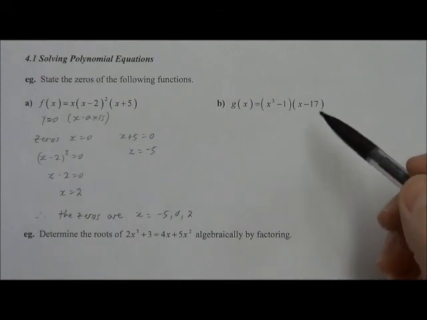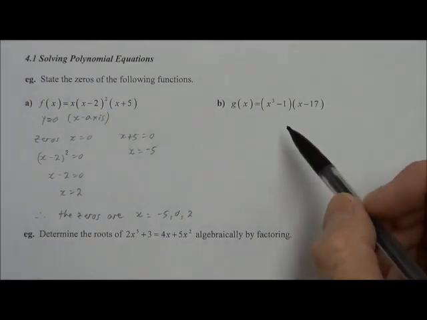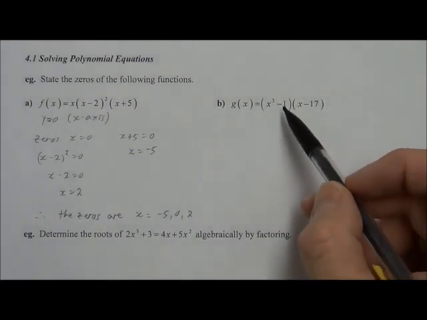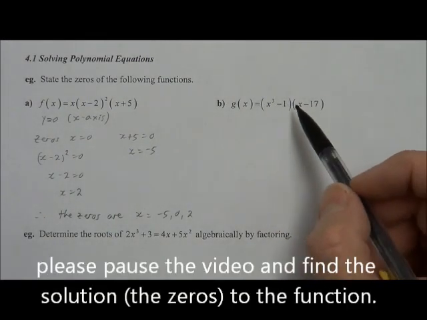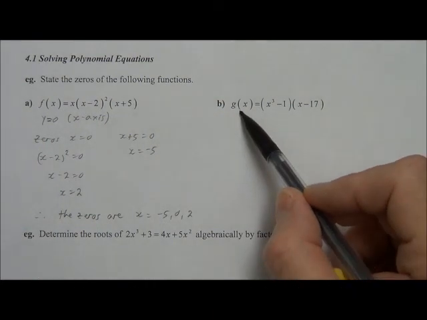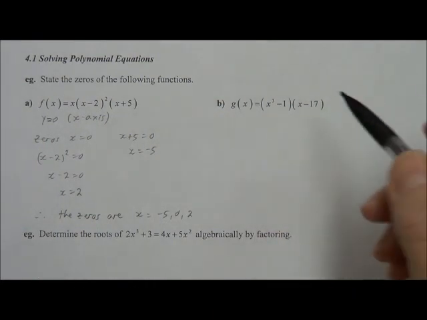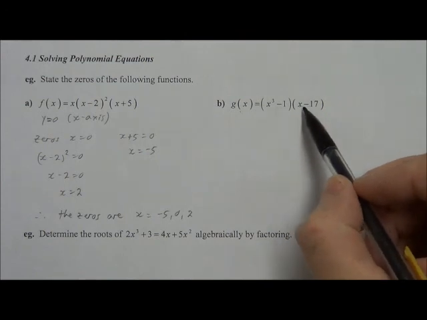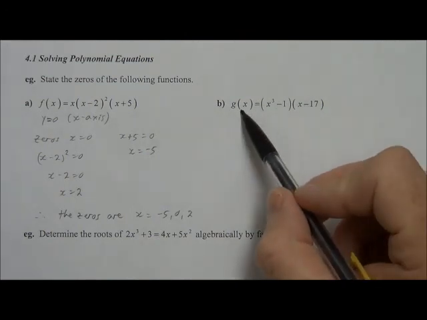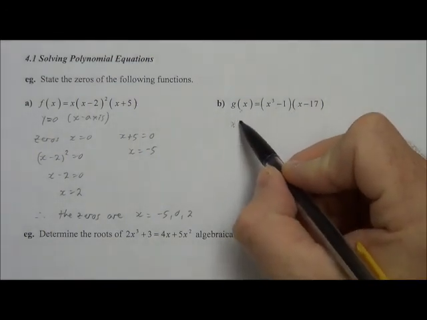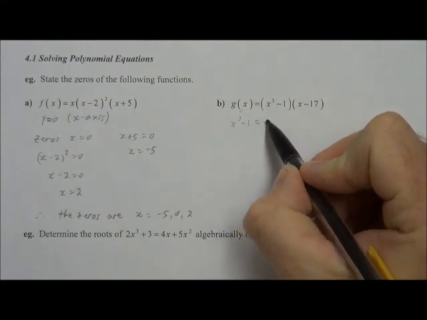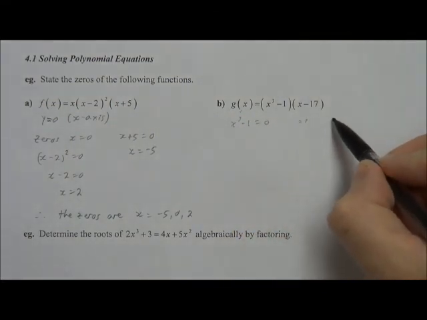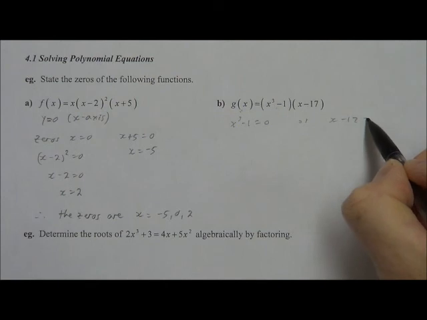So the same thing goes for example B. If we're trying to find the zeros, we're trying to find the x-intercepts, and the x-intercepts occur when y equals 0. So if we've got two factors and they multiply together and give you 0, that means that either x cubed minus 1 equals 0, or x minus 17 equals 0.